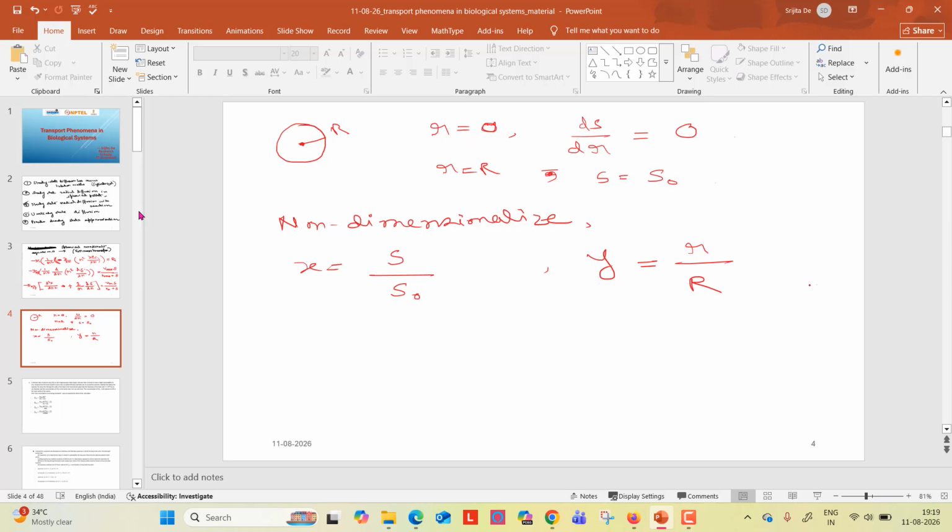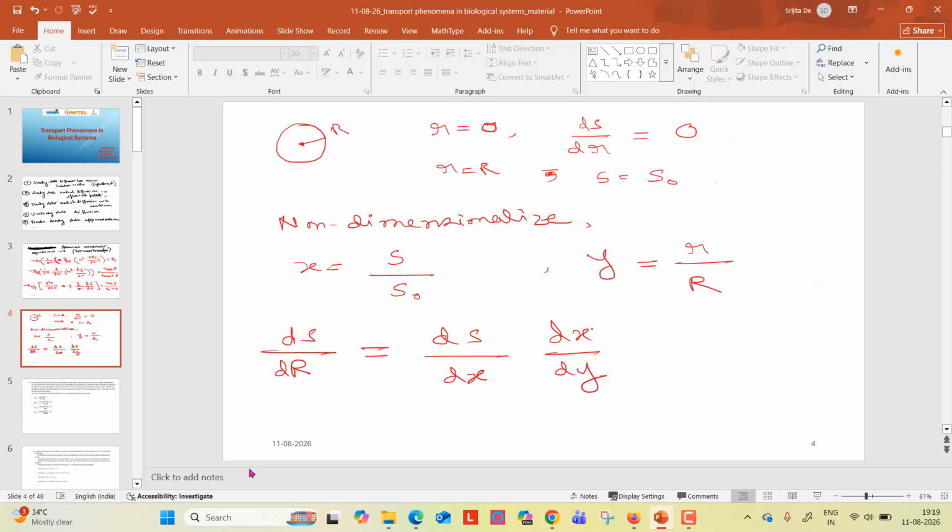Now we'll do the dS/dr term. You can see that S and r are not directly related, so you cannot take the differentiation of dS and dr directly. So we'll use the chain rule. We have seen that x is in the form of S, so we can take dS/dx. Now x is also not directly related to r. It is related to y, so we'll take dx/dy.